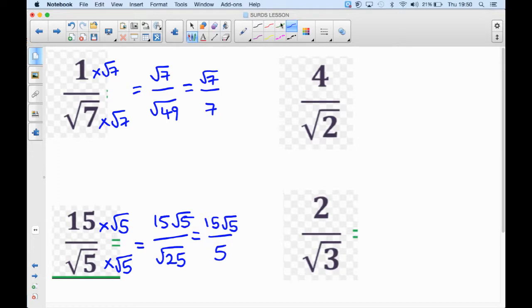Now, we can make this a lot simpler, because 15 and 5 are both divisible by 5. 15 divided by 5 is 3, and 5 divided by 5 is 1, leaving us with an answer of 3 root 5. Okay, so that's our final answer.